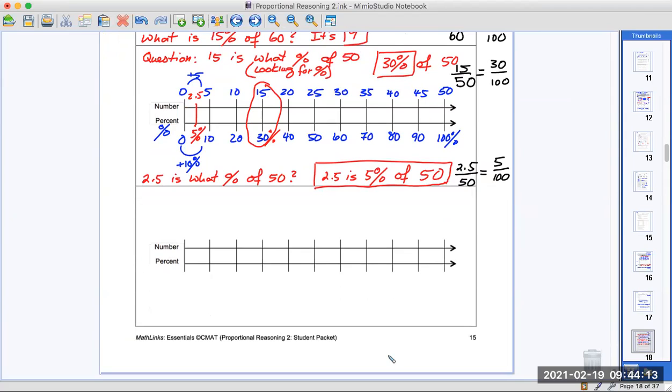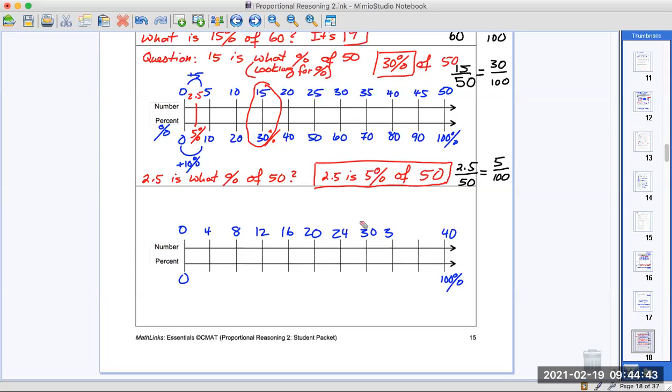Last number line. I picked the number 40 as my total, 100%. 0, so 40, let's see, I'm going up by 4. So the multiples of 4, let's repeat them. Did I make a mistake?